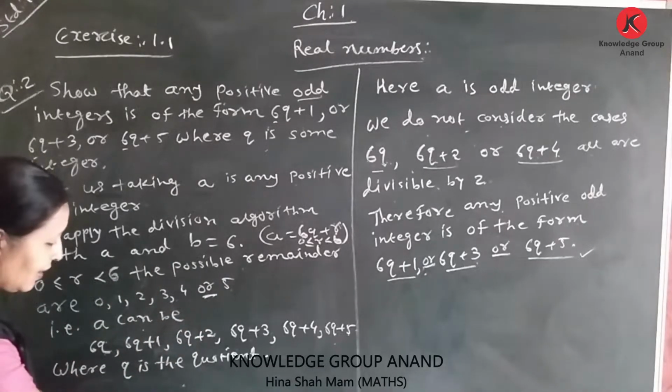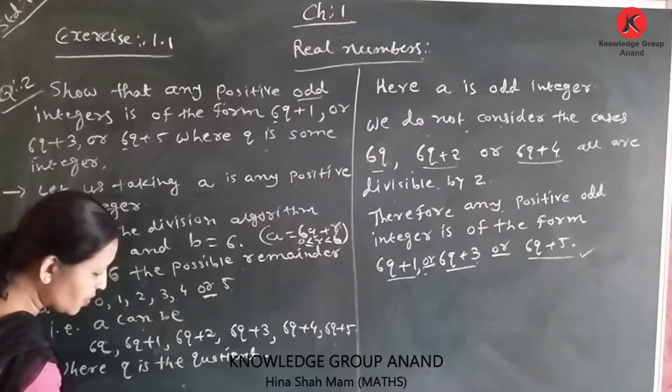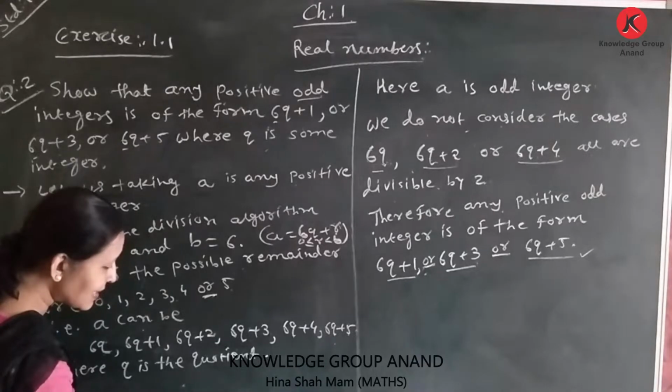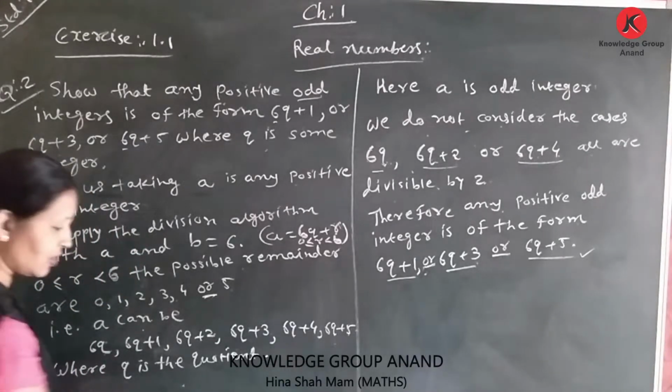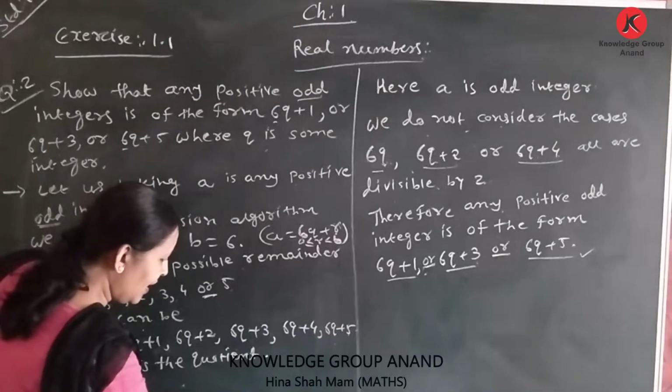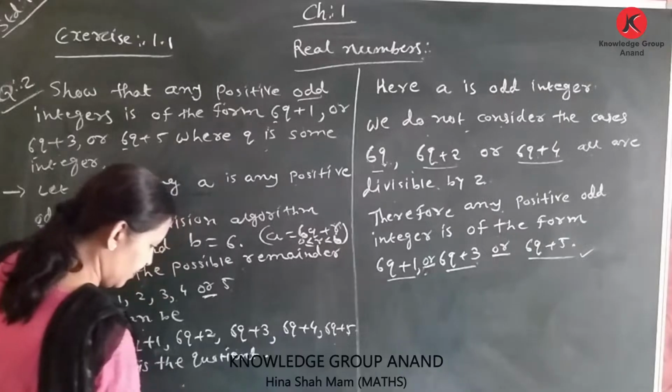Here we can write a is equal to 6q plus r. If r is 0, then a is equal to 6q. Otherwise, a is equal to 6q plus 1.